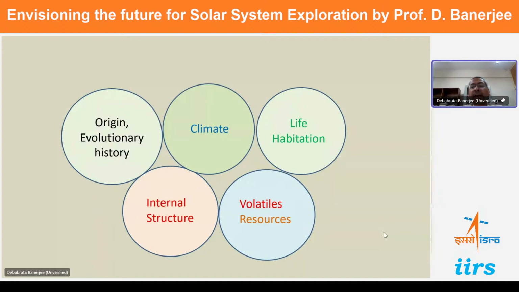And then if you have a climate which is not hostile, which is similar to that of the Earth, if you have resources, if you have volatiles, if you have water, carbon, organics which are present, then possibly some bodies such as Mars could have had life in them. Okay, so which are the habitable bodies in the solar system? So this is my third theme.